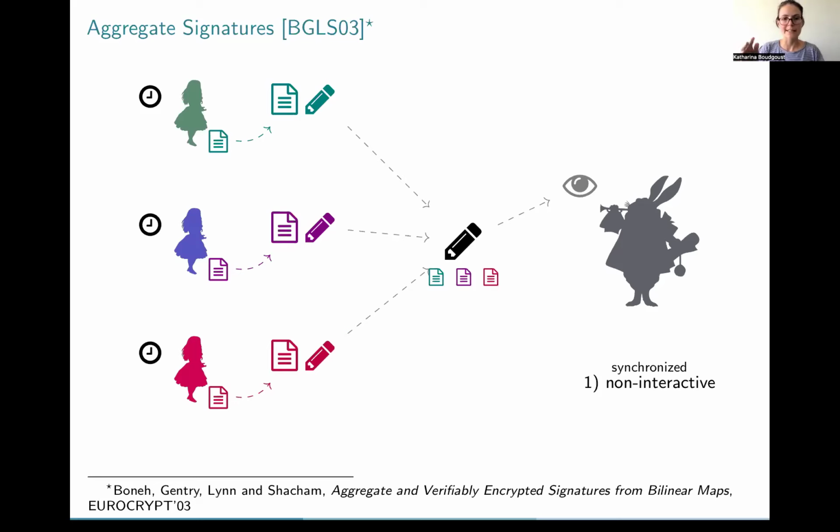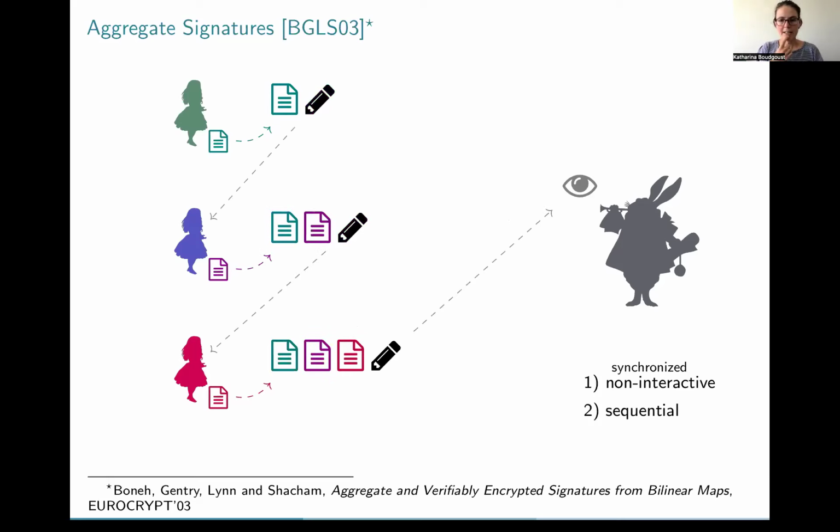We can slightly weaken the model by requiring that all Alices have access to the same time clock, and that we can only aggregate signatures that have been provided on the same timestamp. We call these synchronized aggregate signatures.